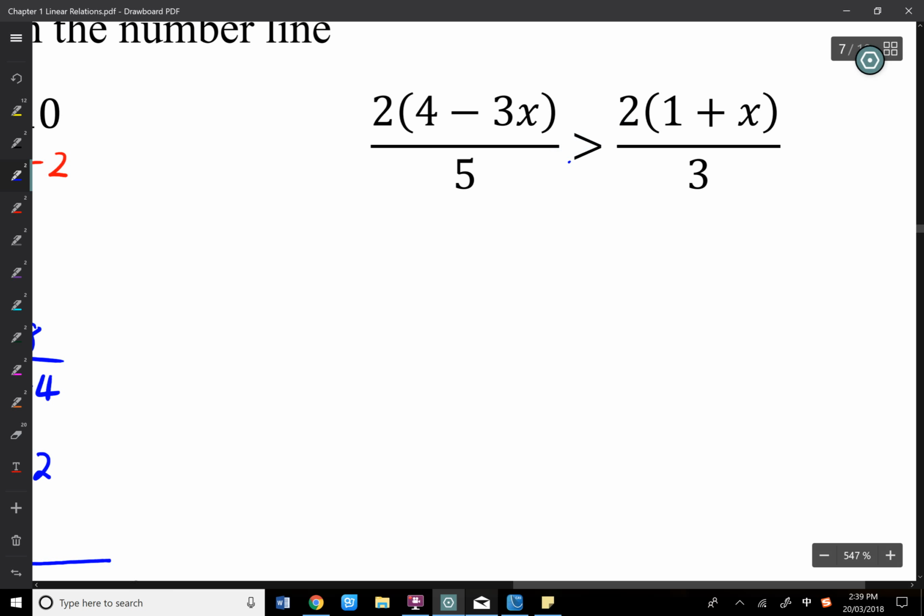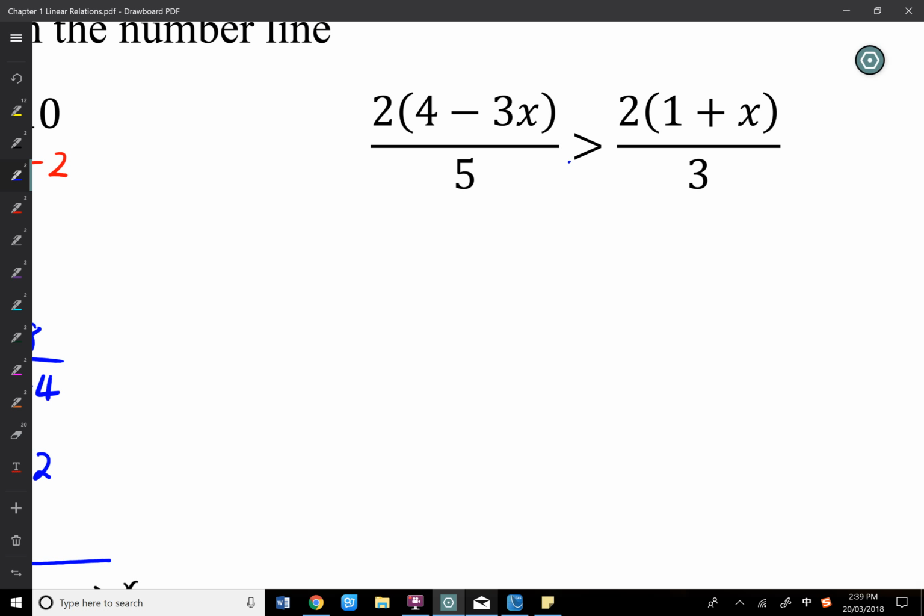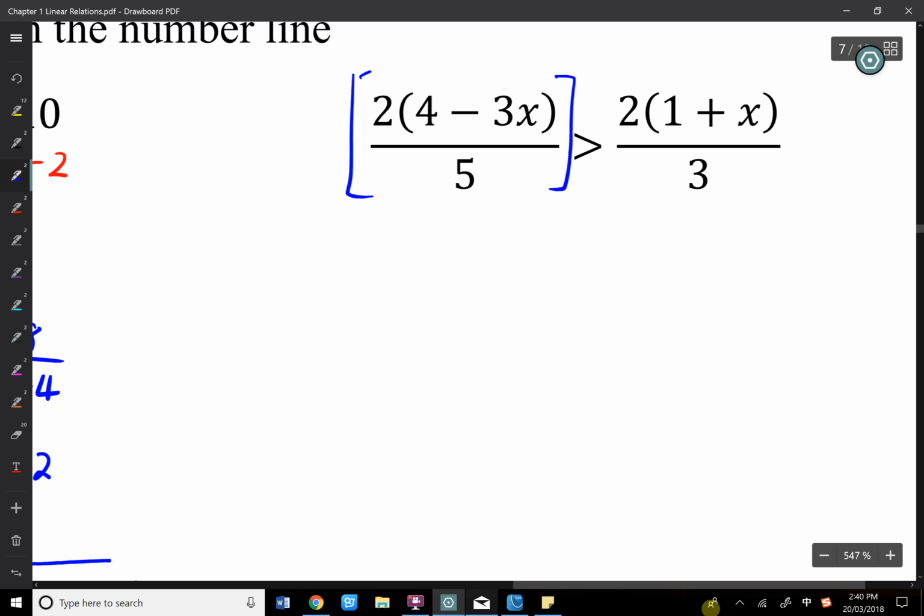So except cross multiplication, what should we do? Same denominator. What's the same denominator? 15. Therefore we can times 15, a positive number, which is all good, on both sides of the inequality.